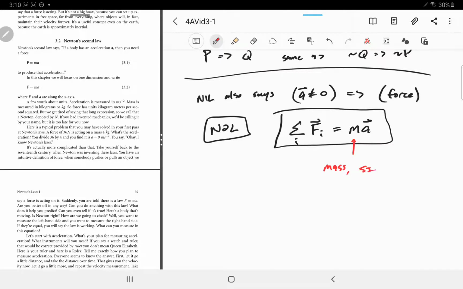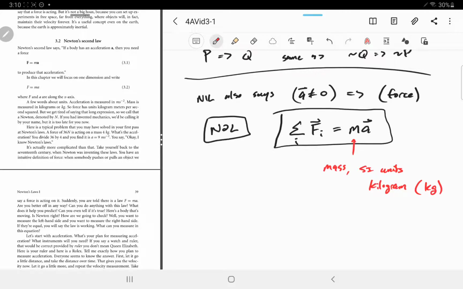The SI unit of mass is the kilogram. Not gram, but kilogram. If you have the mass of an object in grams, you have to convert it to kilograms. A 60-gram object would have mass 0.060 kilograms. So the SI unit is the kilogram, or kg.